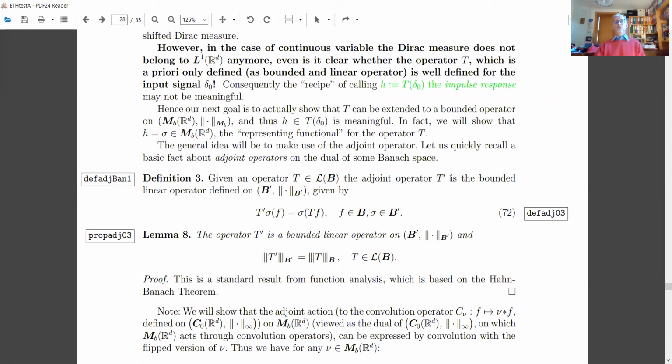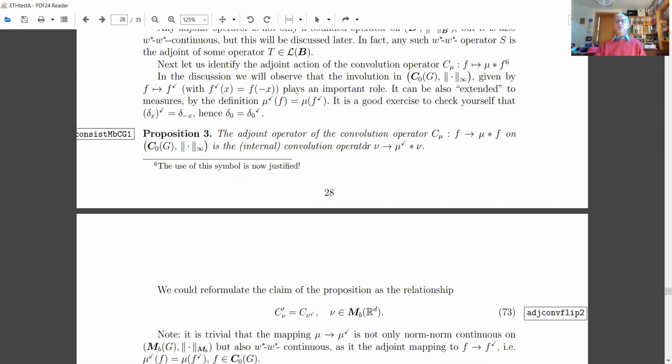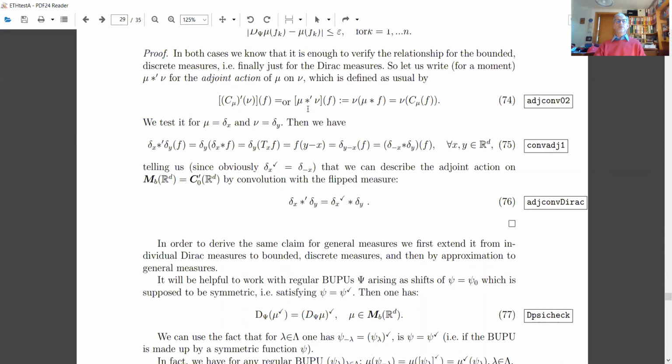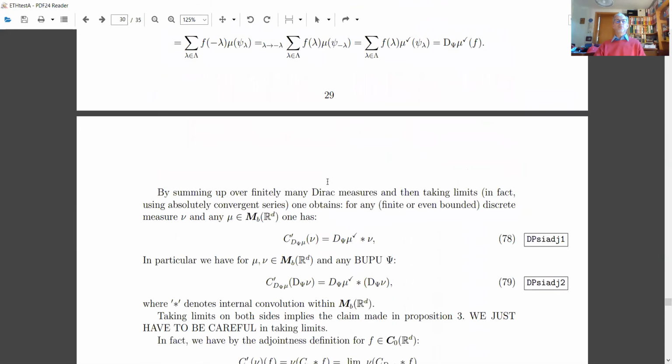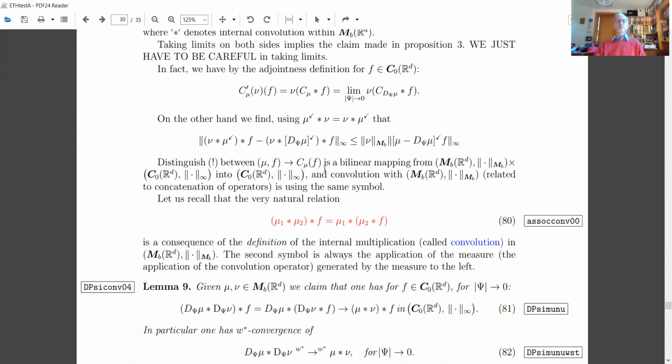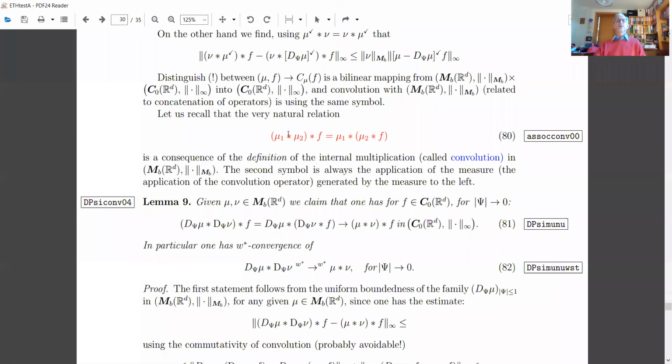We will do it for bounded measures, but then we need to prove that it is okay to extend the action of a linear functional on C0 to the bounded measures. So sorry, this red formula now, number 80, is a good thing that is quite well justified. And even if you have 3 signals and you don't know which one should be a measure, you don't want to fix the order, all these things are okay.